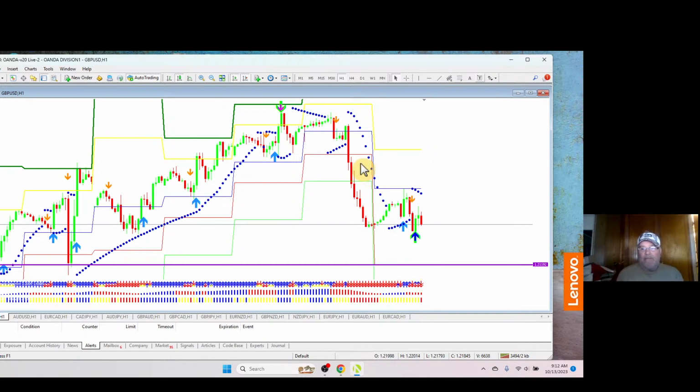So I would think at some point this move is going to be retraced up into here somewhere. Not today, but will it happen here, go up before it comes down, or is it going to come down to here and then go up to there? That's why we watch the charts, to see what they tell us to do.